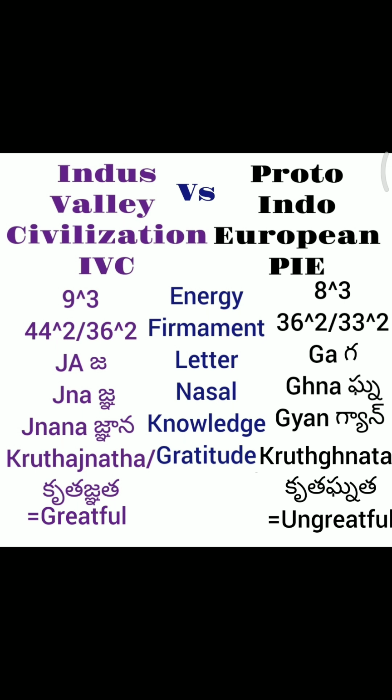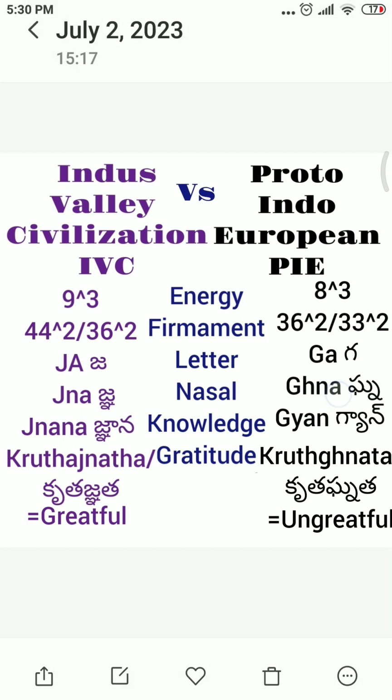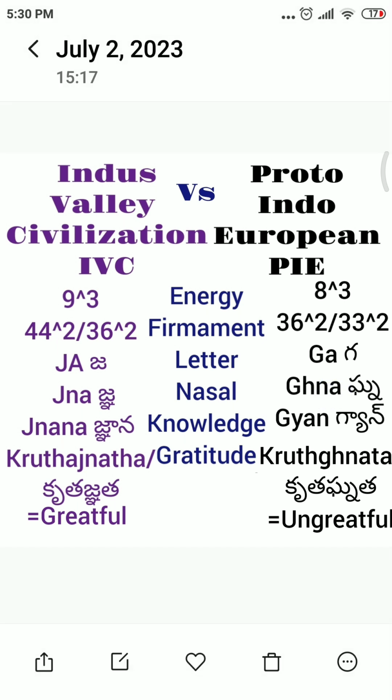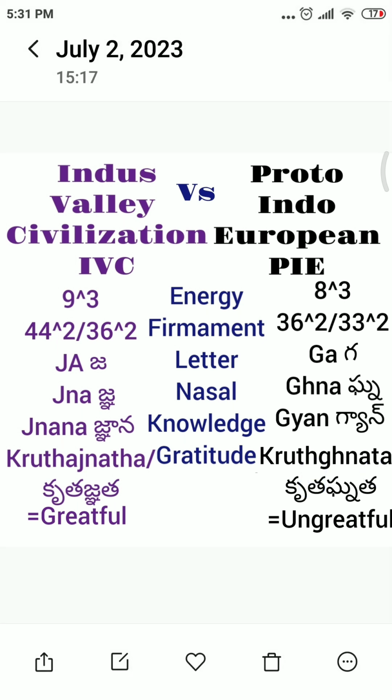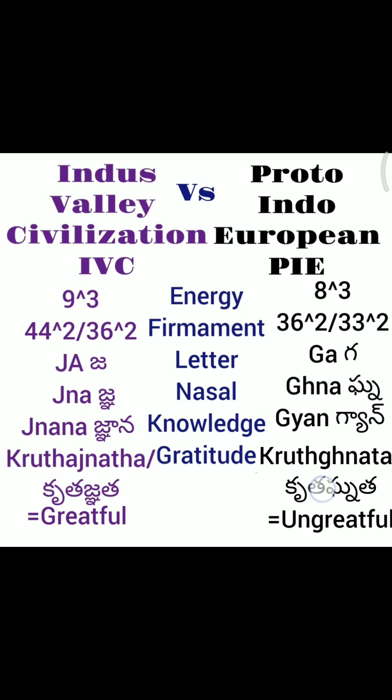So there are some words which are very much synonymous. Ha, sa, gha. These are all synonymous. So here, the same word kritajnata, if you use Avestan pronunciation, it will become kritagna. Kritagna means one who is ungrateful.